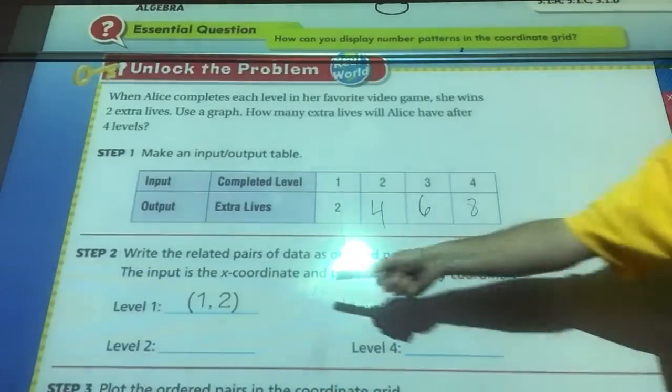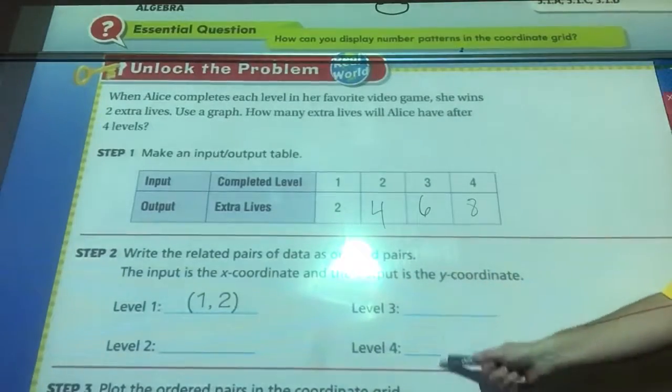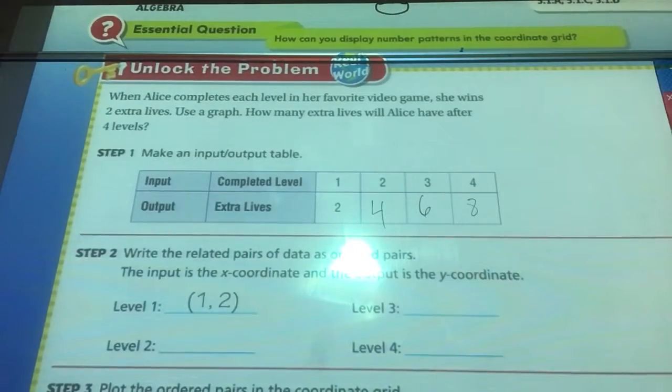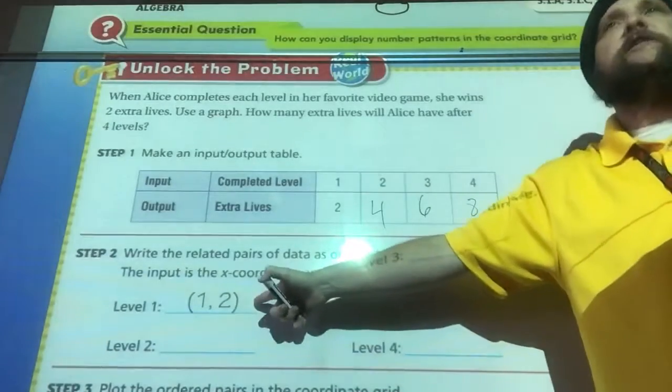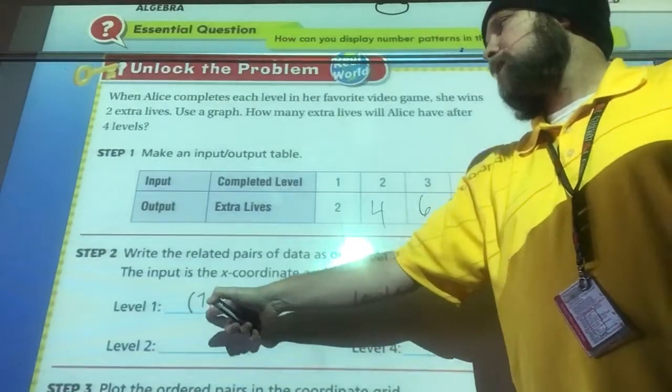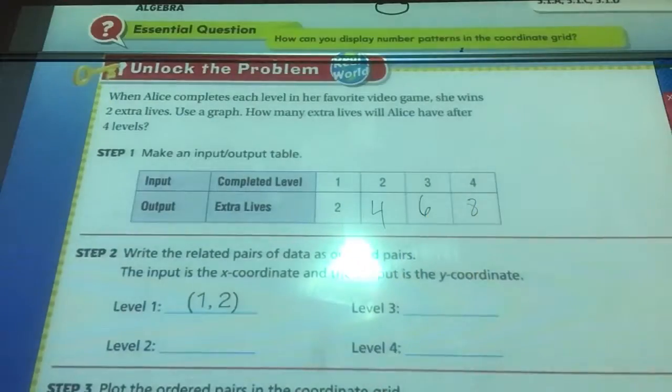Okay? So level 1, I want you to fill in the 4 ordered pairs. And remember, ordered pairs need to be in parentheses, and you need to have a comma between them. And as we looked at yesterday, even if they're divided into halves, you can still do it. They don't have to be completely whole numbers.